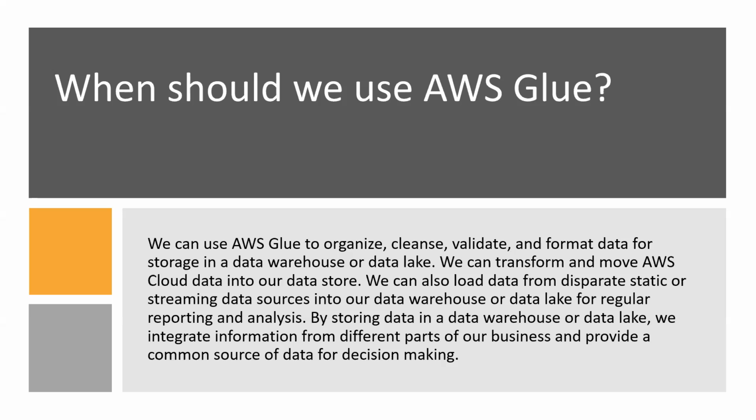We can run our ETL jobs as soon as new data becomes available in Amazon S3 by invoking our AWS Glue ETL jobs from an AWS Lambda function. We can use AWS Glue to understand our data sets. We can store our data using various AWS services and still maintain a unified view of our data using the AWS Glue Data Catalog.